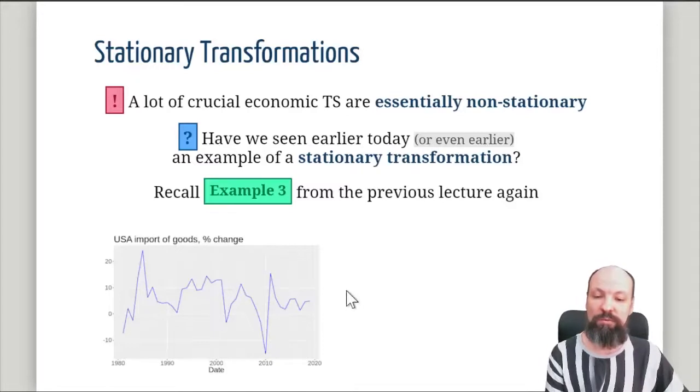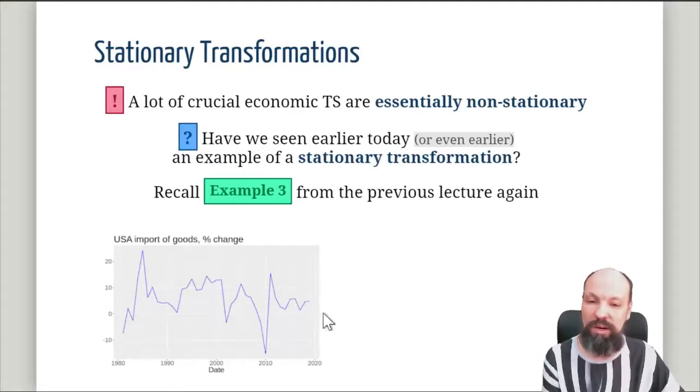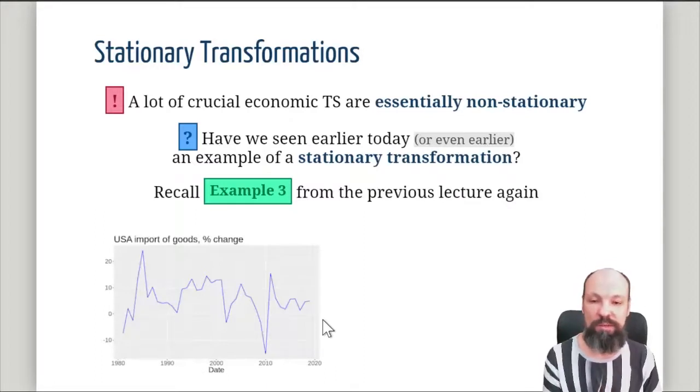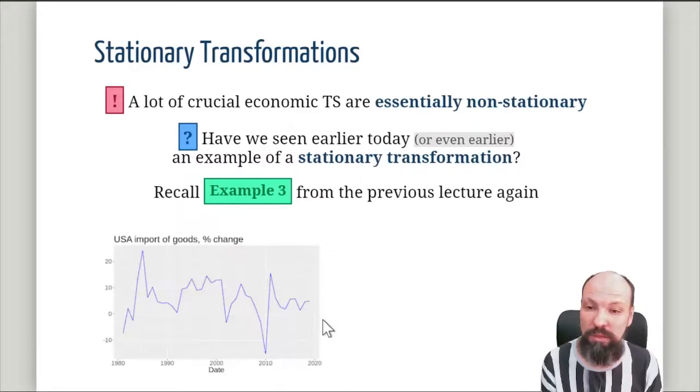This graph of the United States import of goods, and the description of the data says that it is percentage change. The values of these data are annual, so each year there is only one single value. It says percentage change, meaning that by default the percentage change is in this year based on the previous year. So how many more percent import of goods this year is than last year.